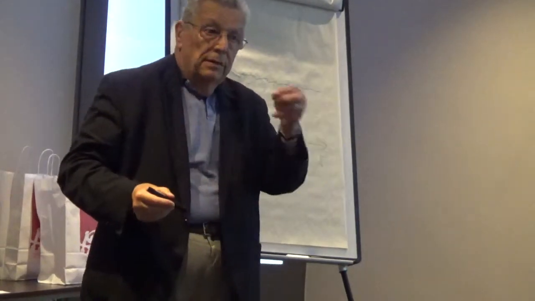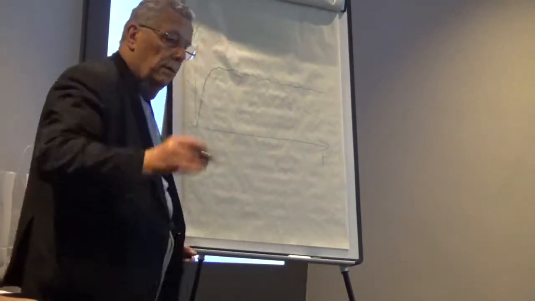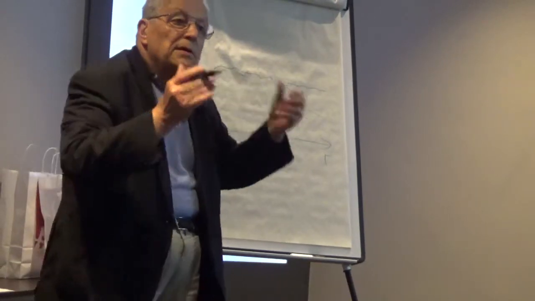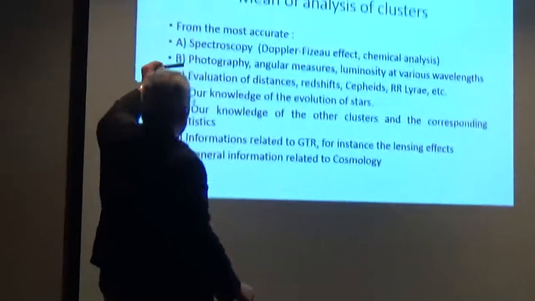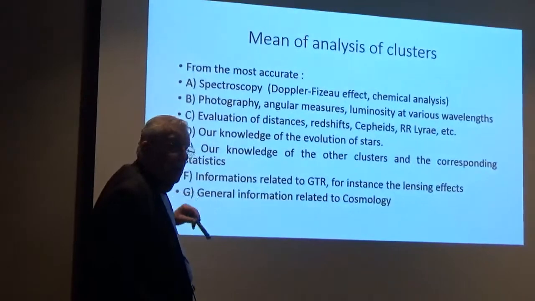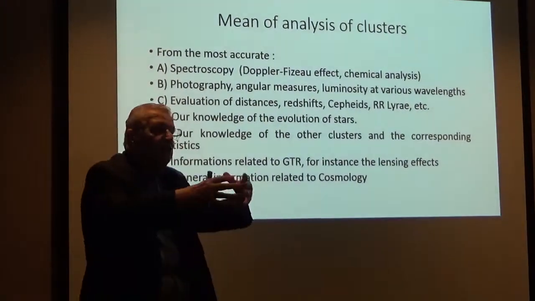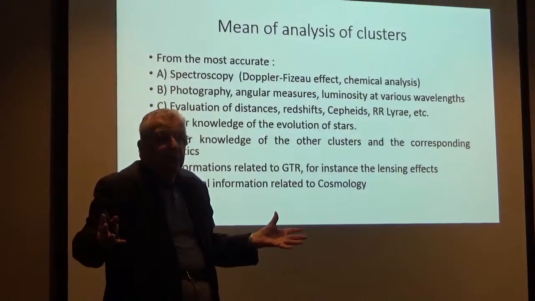So I have studied that. In the case of galaxies, the relativistic effect remains extremely small because the distances are negligible. What is the most important? The most accurate measure is that of spectroscopy. It's not the picture of the galaxies that gives us very accurate information.